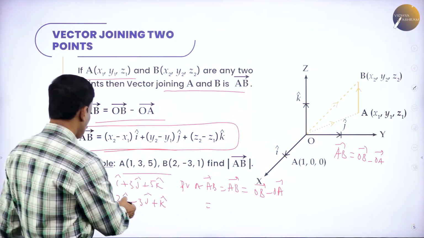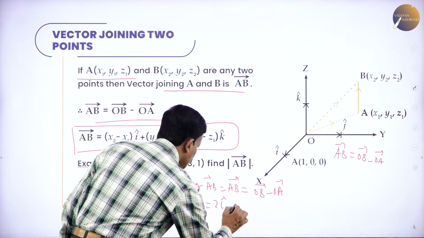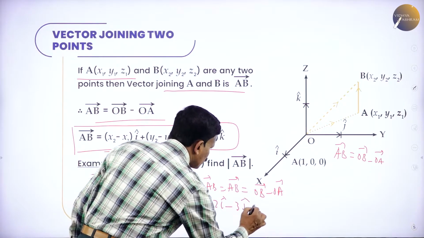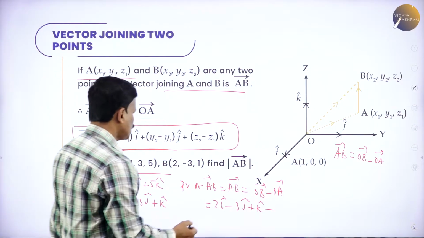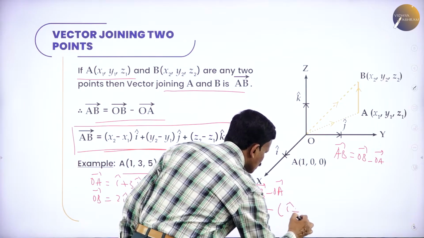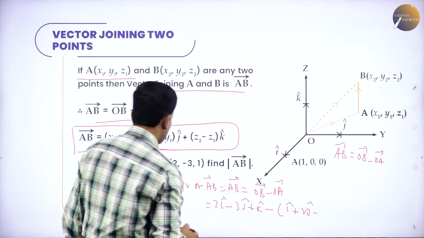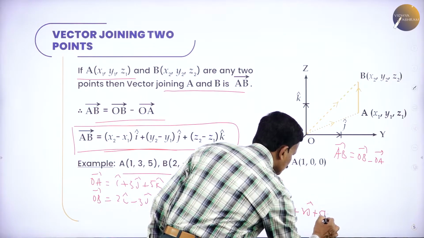What is OB? OB is equal to 2i minus j plus 3k, minus vector OA, which is i plus 3j plus 5k. Simplify this.